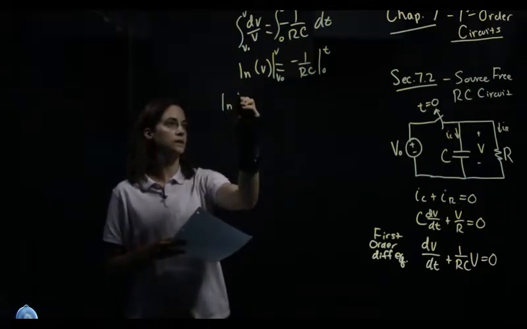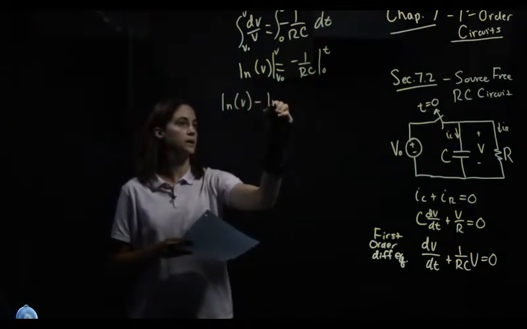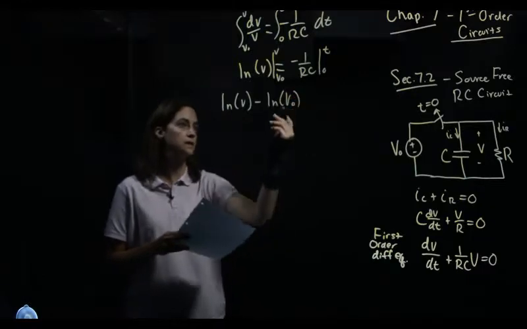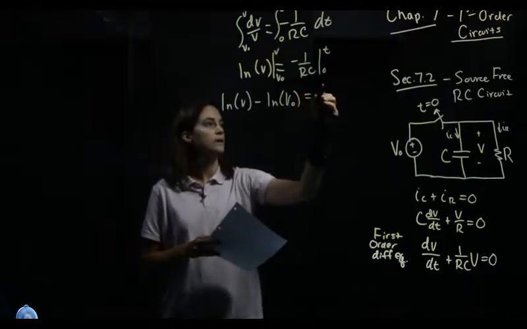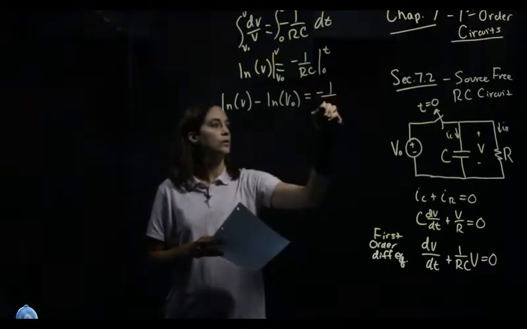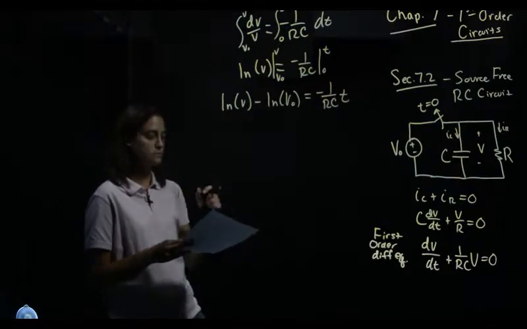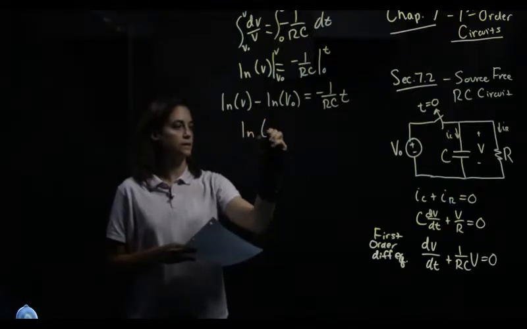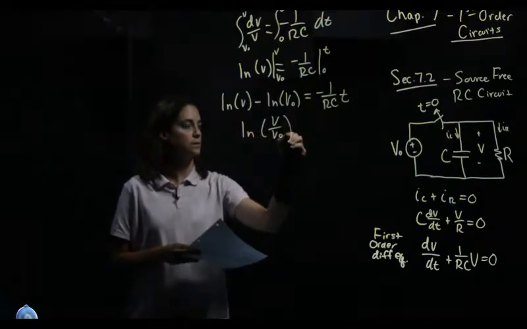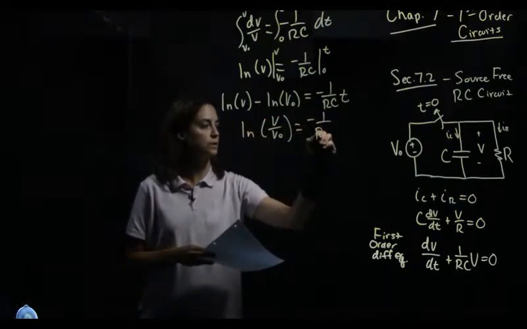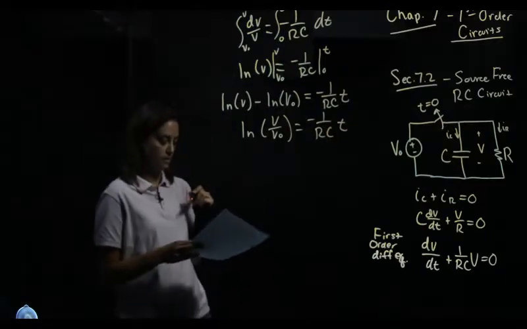So I have ln of V minus ln of V naught equal minus 1 over RC t. So I can write ln of V over V0 equal minus 1 over RC t.